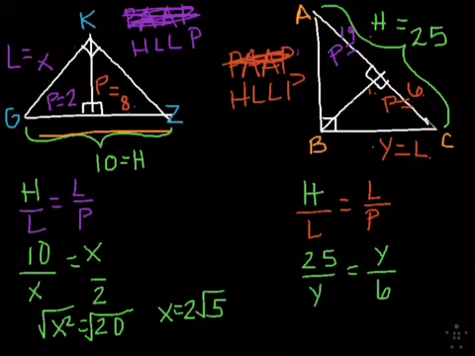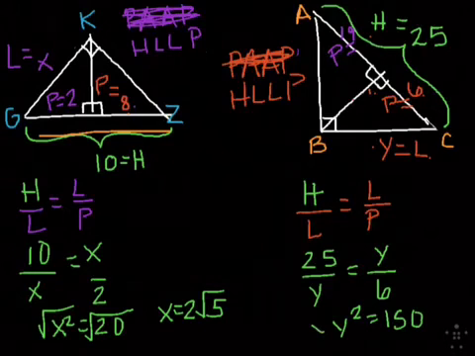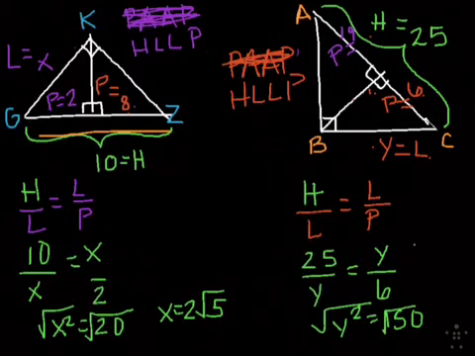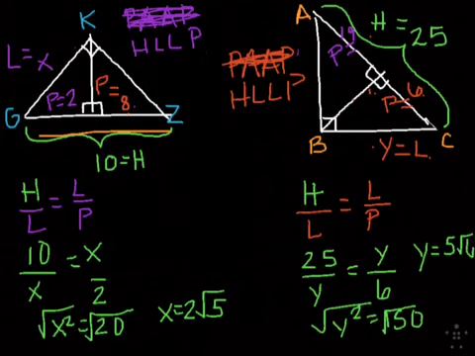Okay. Going to cross multiply, so y squared equals 150. Square root both sides, so y's value is 5 square root 6.